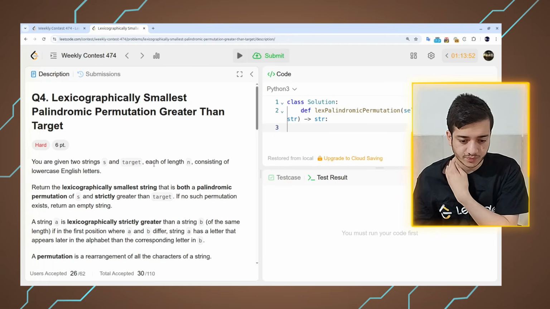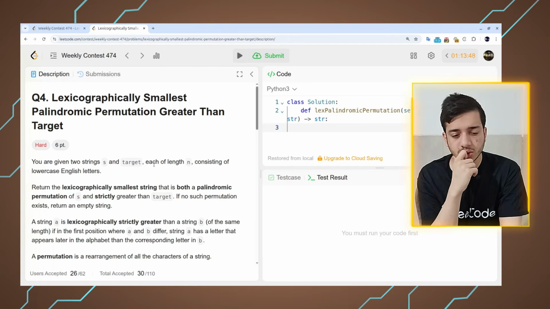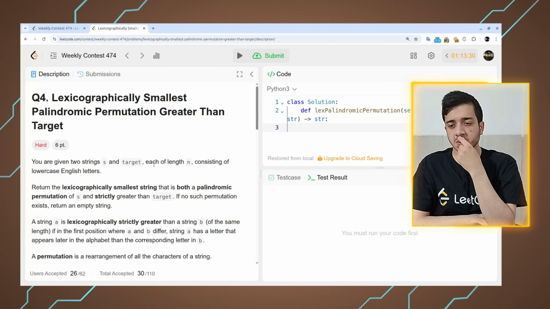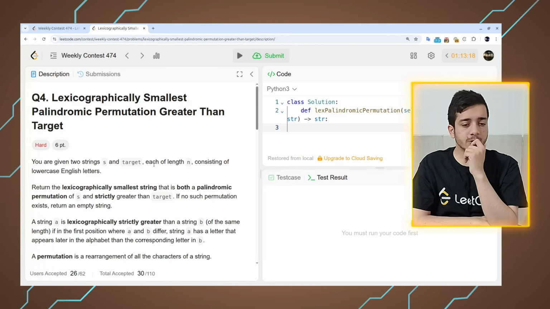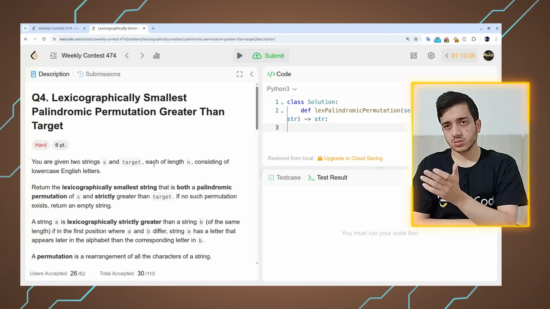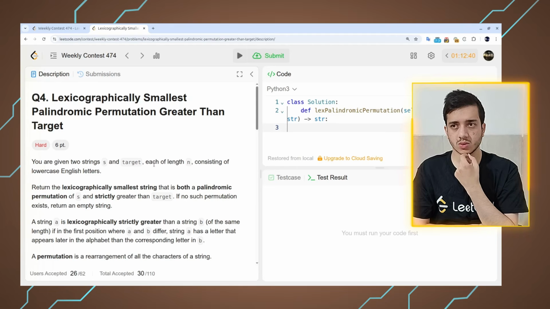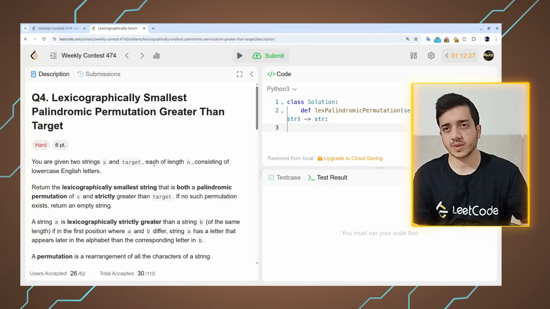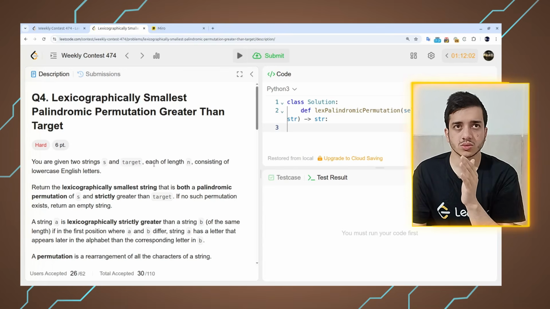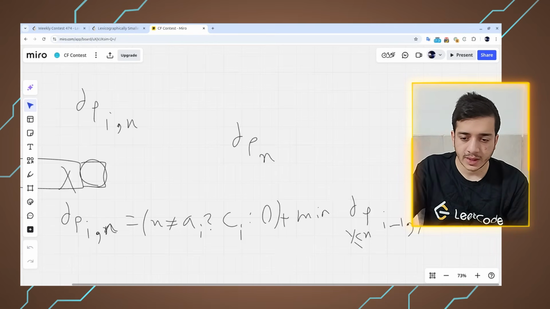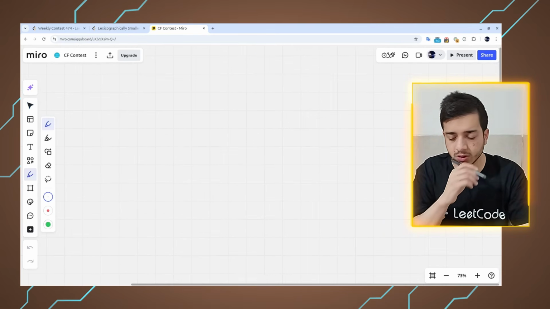In this problem, what we should do is, okay, let me describe and also understand what I'm going to do.